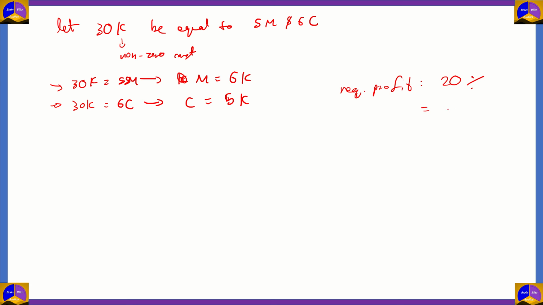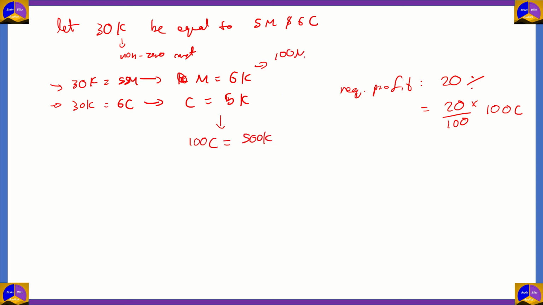Now that means 20 by 100 times the cost price, which is 100C. Okay. Now, we know that the cost price C equals 5K. That means 100C equals 500K.